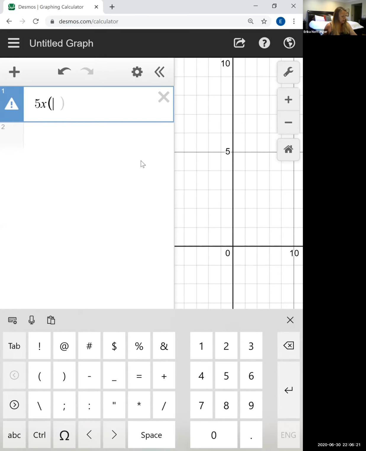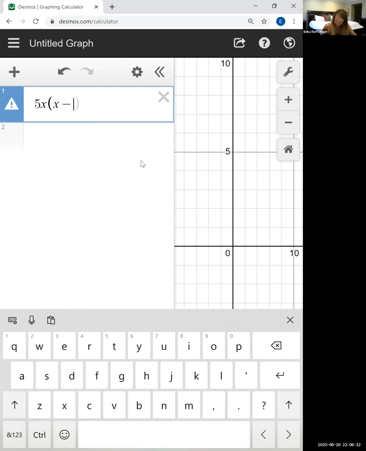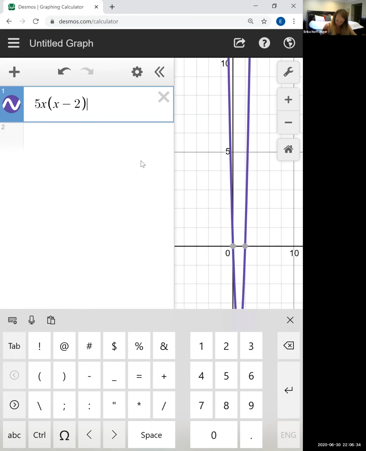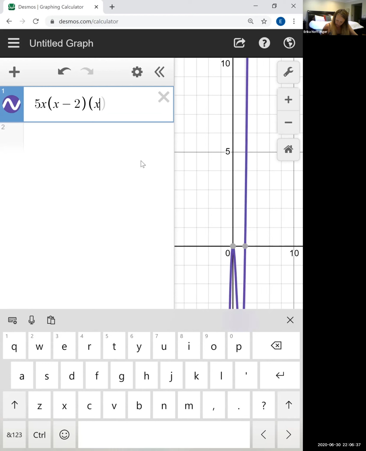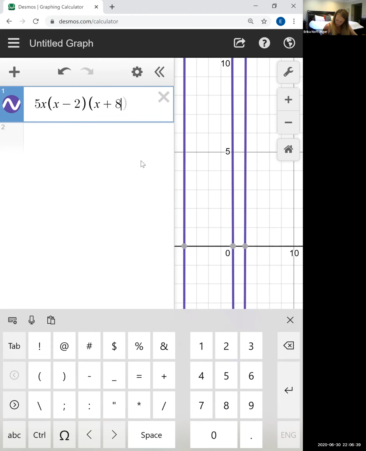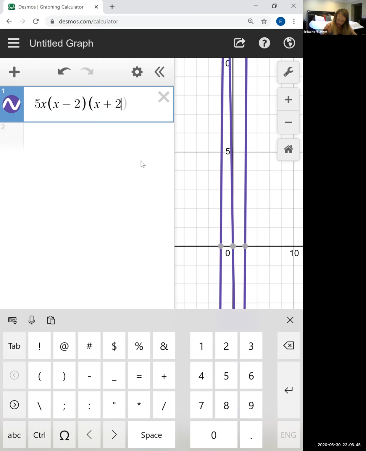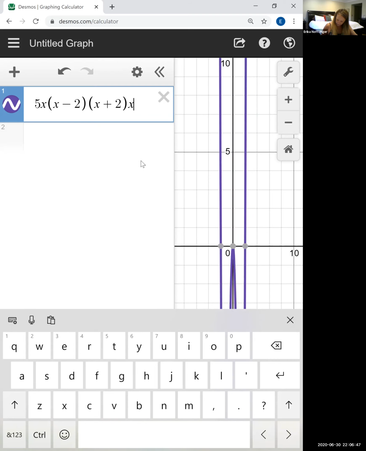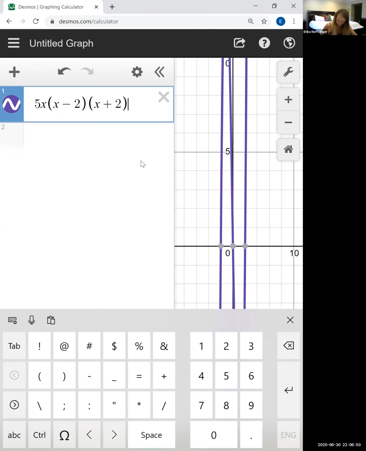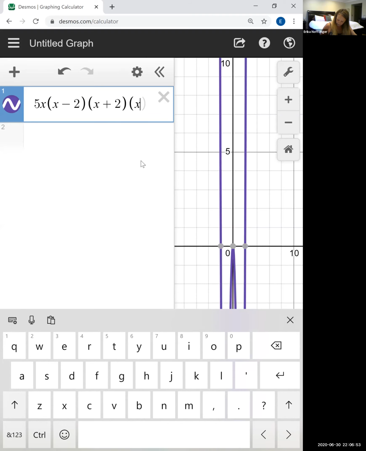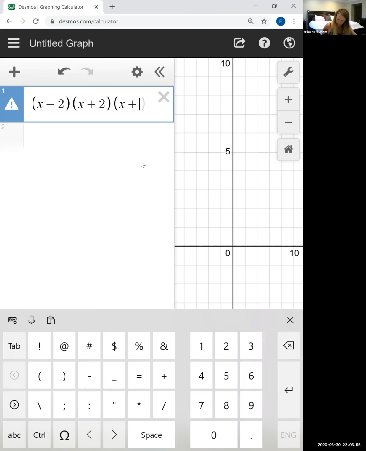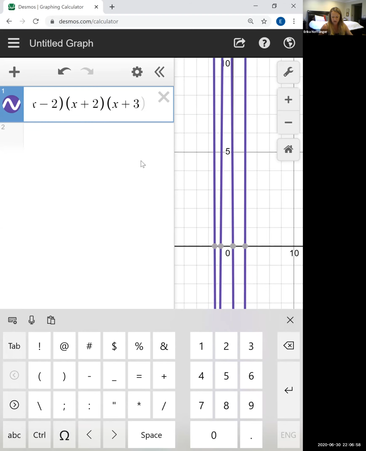It was x minus 2, x plus 2, because we factored it. x plus 2. And then it would have been x plus 3. Oops.